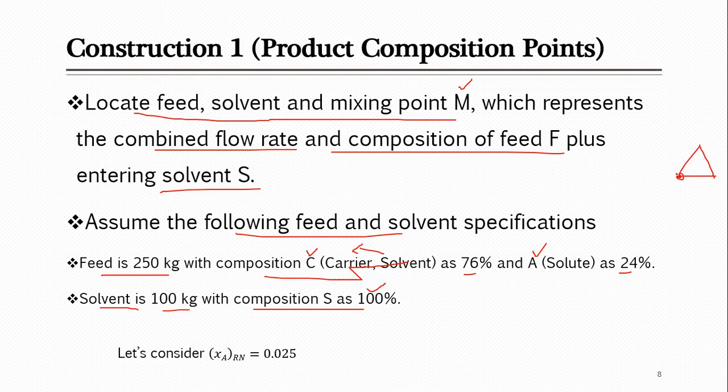But suppose you have something else present in it, what will that be? Either the solute or the carrier will be part of it, because this is a ternary system and you do not have 100% solvent. Suppose it is 99% solvent and 1% is A, then you have to look where the solvent point is located. It will not be at the corner, it will be somewhere inside the diagram, or maybe on any of the edges.